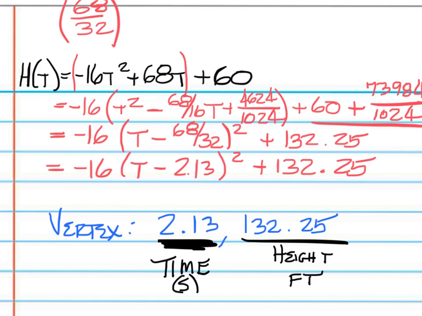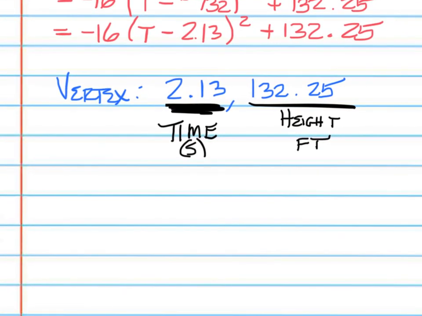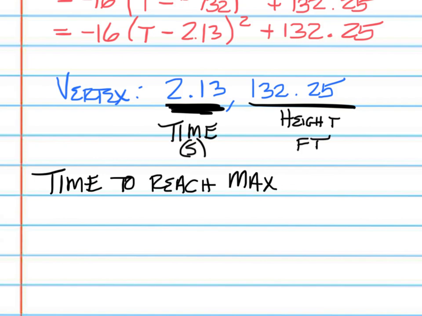Okay, so if we want to answer some questions, then how long did it take the ball to reach its maximum height? 2.13 seconds. Time to reach maximum height is 2.13 seconds.